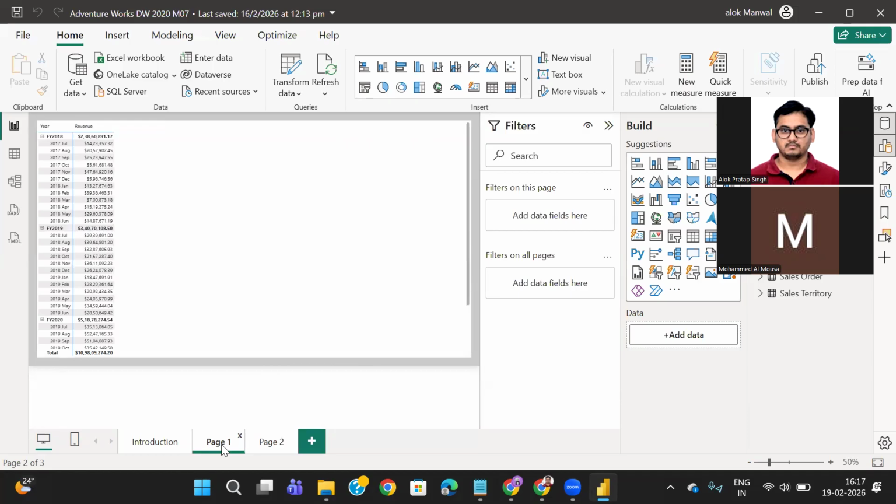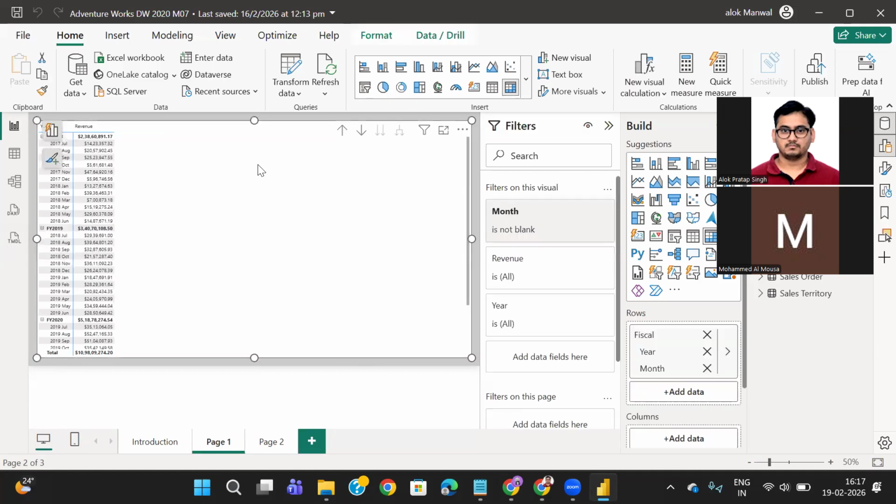Suppose this is our year. We have already gone for our fiscal year, and we already know here that is our revenue. So what I'm going to do is I want my accumulation of revenue, that will give me the result till date.